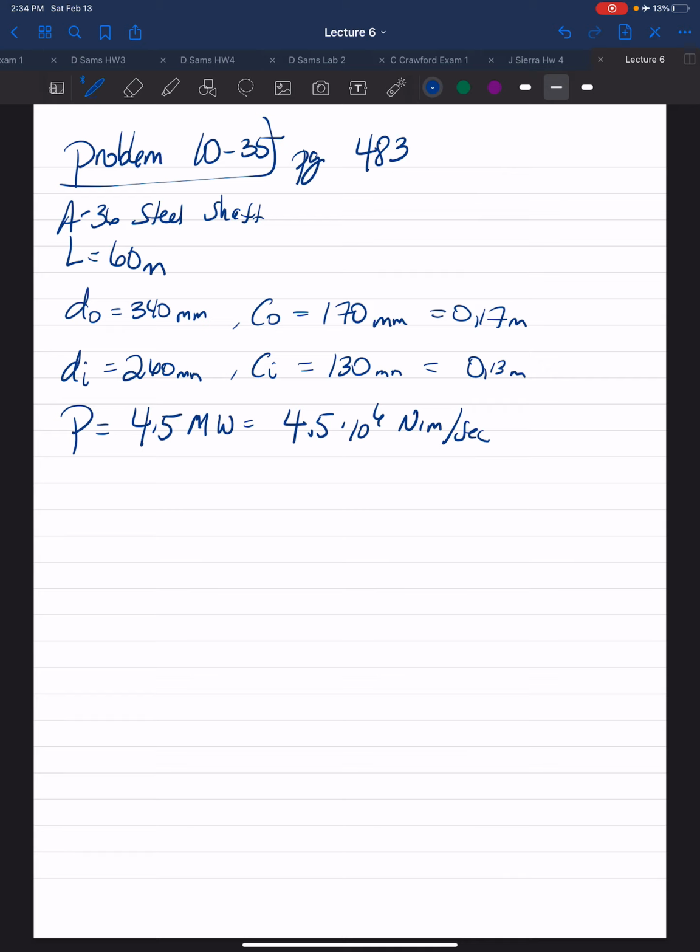And the shaft rotates at 20 radians per second. They want us to determine the maximum torsional stress in the shaft and its angle of twist.